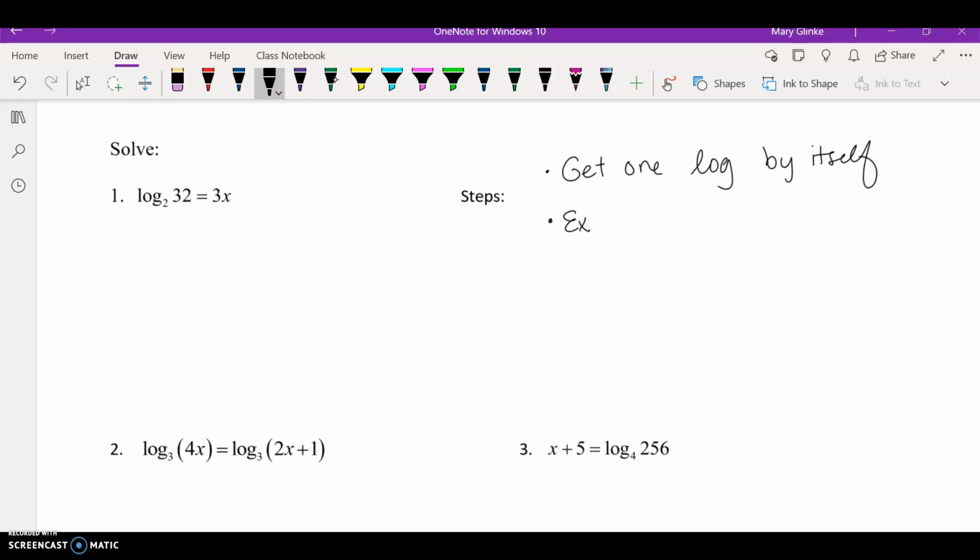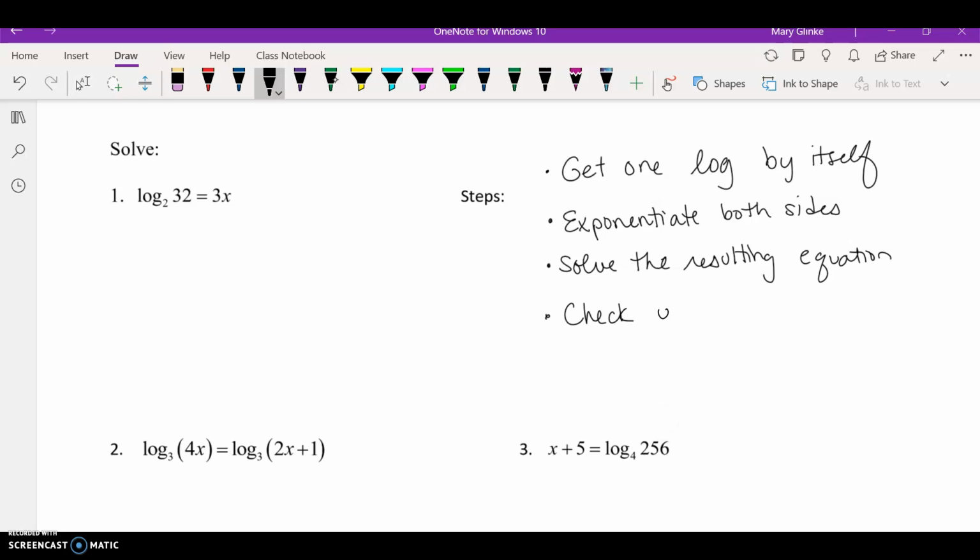Step 2 is going to be to exponentiate both sides. Then you're going to solve the resulting equation. And lastly, check your answers.